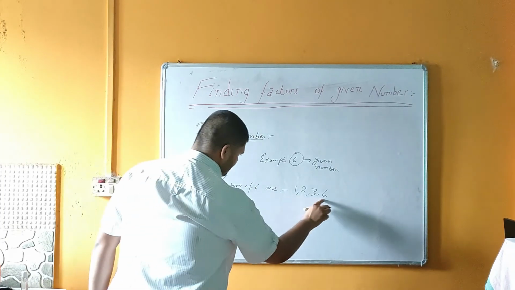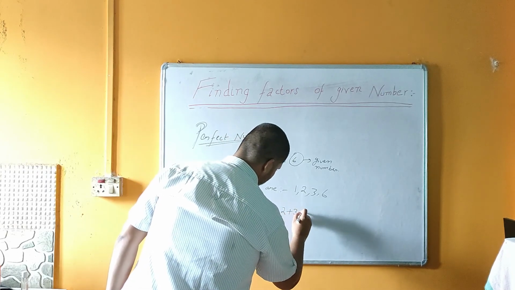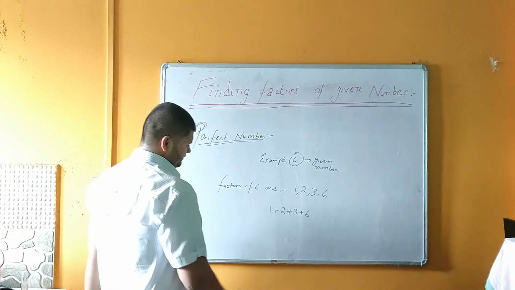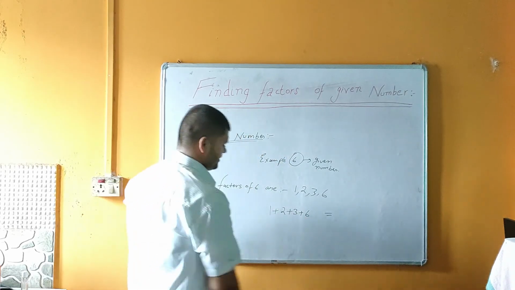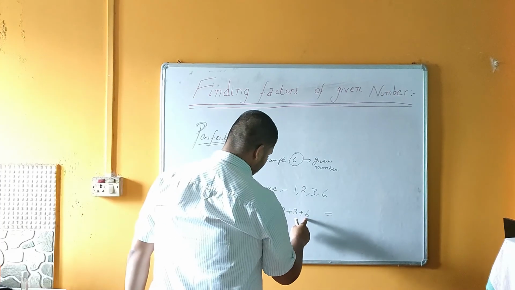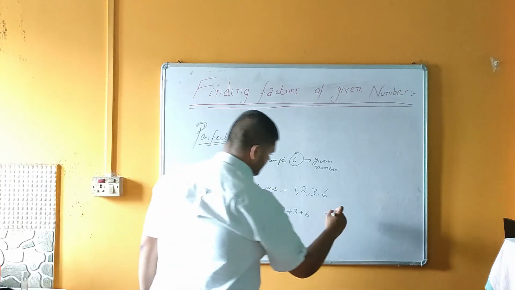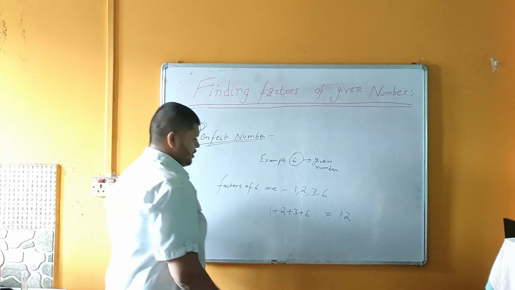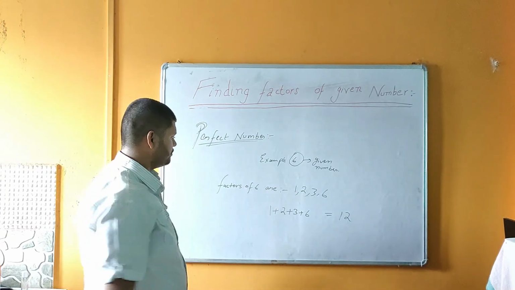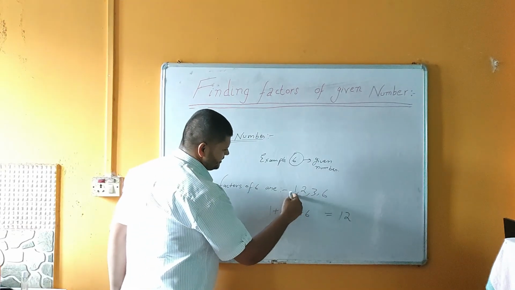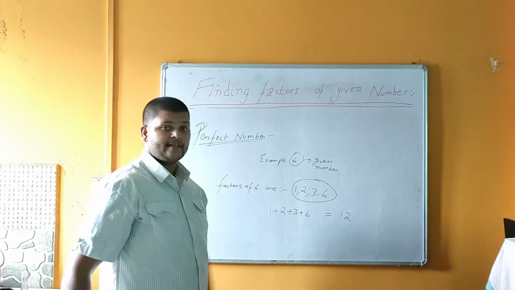Okay, these are the factors of 6. Now these factors we are going to add. 1 plus 2 plus 3 plus 6: 6 plus 3 is 9, plus 2 is 11, plus 1 is 12. So after adding all these factors, we got the result as 12.